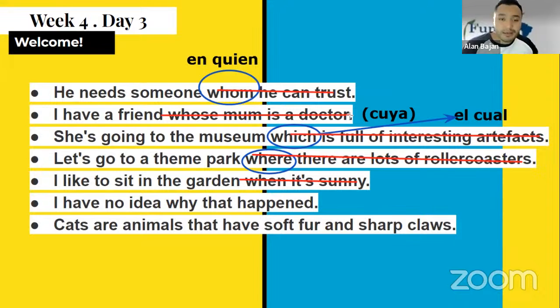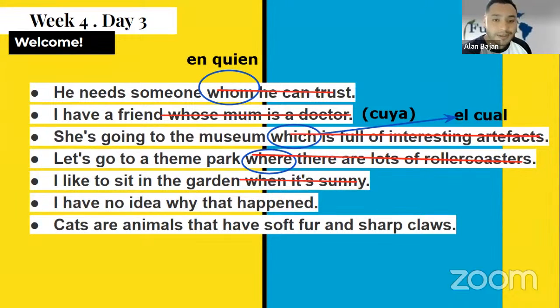Because let's see sentence number one. If I say, he needs someone, it's incomplete, right? Probably it makes sense, but the sentence is not complete. He needs someone. Oh, he needs someone whom he can trust. Now you are specifying and describing the subject.